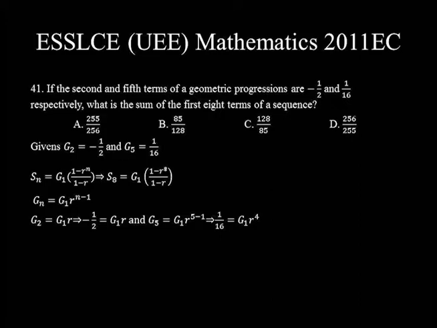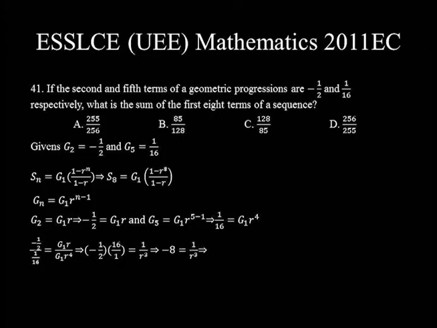Let's take the ratio of g2 to g5. That's negative 1 over 2 divided by 1 over 16 is equal to g1 times r divided by g1 times r to the power of 4. This implies negative 1 over 2 times the reciprocal of the denominator, that's 16 over 1, is equal to g1 crossed out by g1, r at the numerator cancels 1 r at the denominator, then we are left with 1 over r cubed. 1 by 2, 1 by 2 by 8, negative 1 times 8 is negative 8, which is equal to 1 over r cubed.